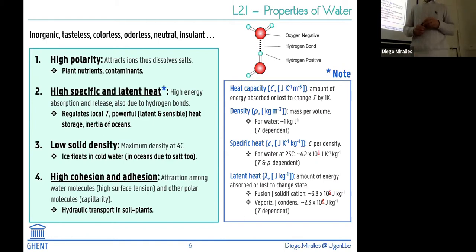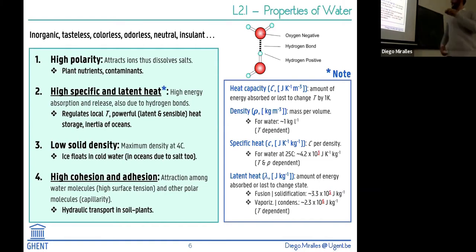Now, we call it specific heat because specific is used in physics usually to refer to mass. So when you say per kilogram, that is usually what specific means, right? Now, we can also express that per volume, per cubic meter, and then we call it heat capacity, right?